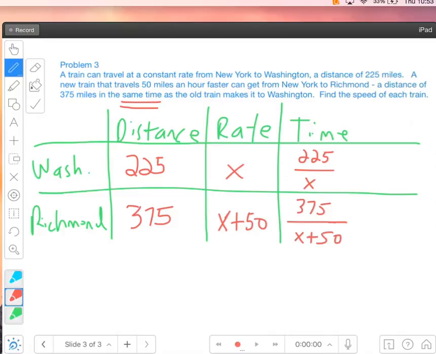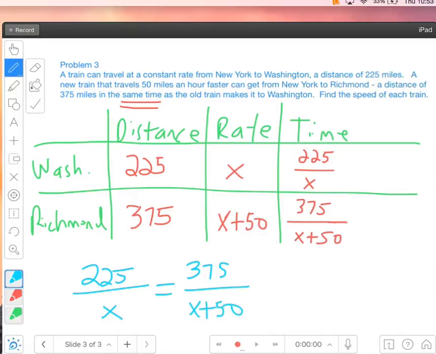So using the times we've set up in our last column, we can write that the time of the Washington train, which is 225 over X, has to be equal to the Richmond time, which is 375 over X plus 50. And now we have an equation which we can use to help solve for the two different rates.